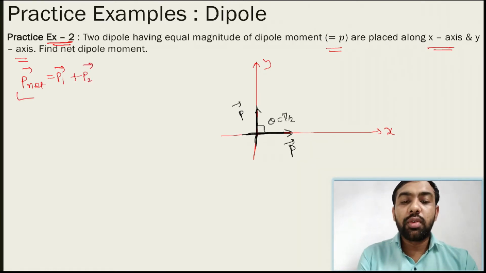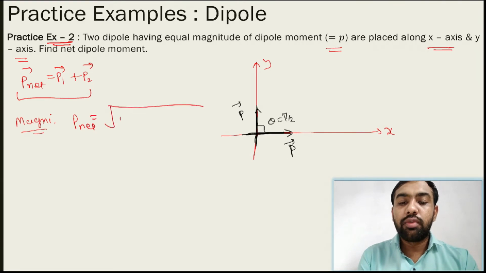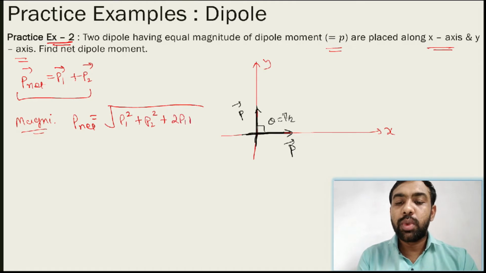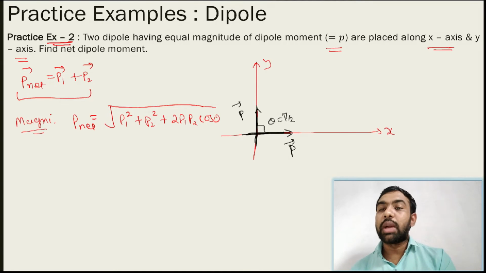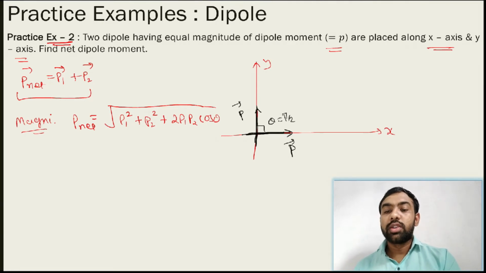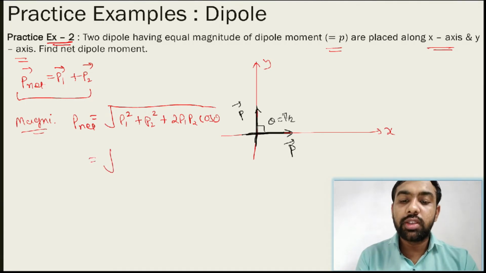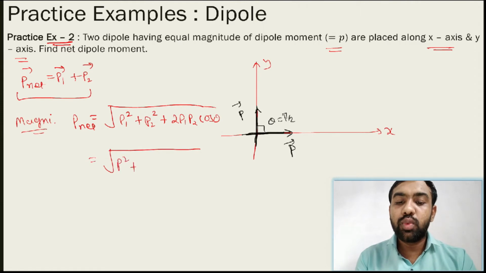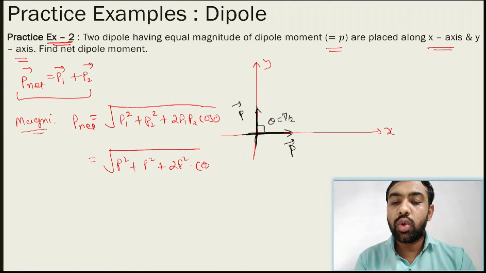Use this magnitude: P net is equal to under root P1 square plus P2 square plus 2 P1 P2 cos theta. Use the vector rule, because dipole moment is a vector quantity. Theta is equal to pi by 2, so P net is equal to under root P square plus P square plus 2P square cos pi by 2.